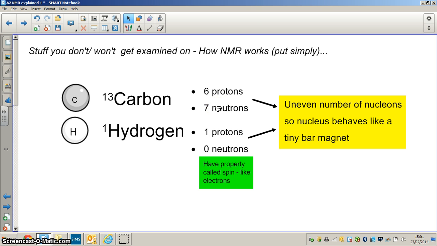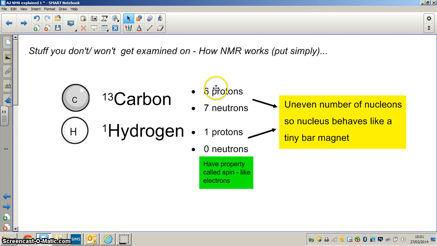And it's helpful to imagine that the spin of the protons is in one direction, let's say clockwise, and the spin of the neutrons is in the opposite direction, anti-clockwise. So the effect is to cancel each other out. But this is why it's important, and this is why we're talking about carbon-13 and hydrogen-1.